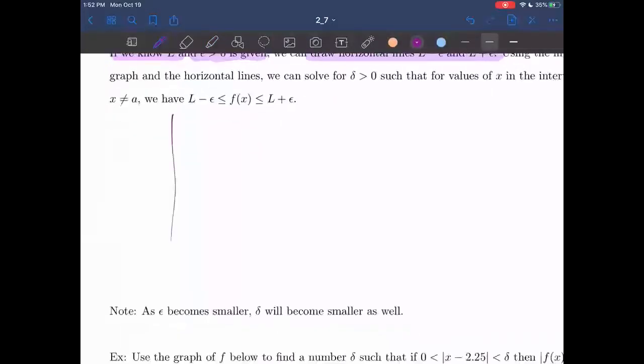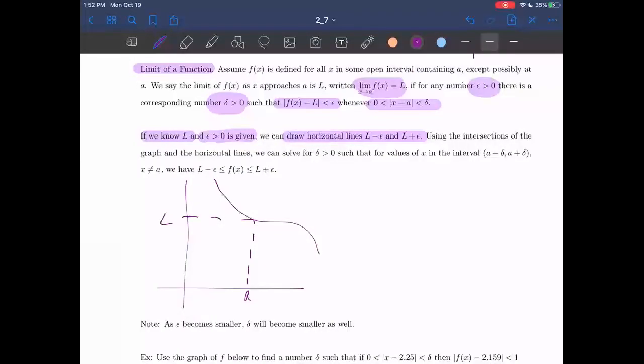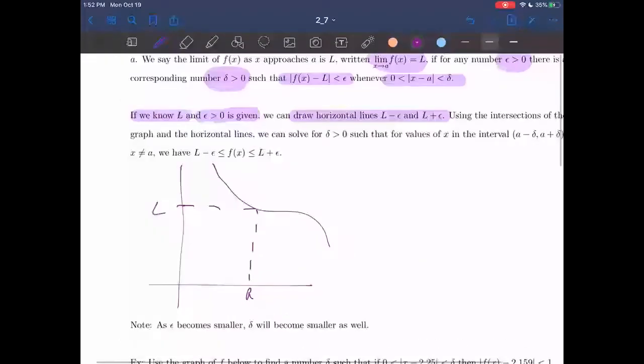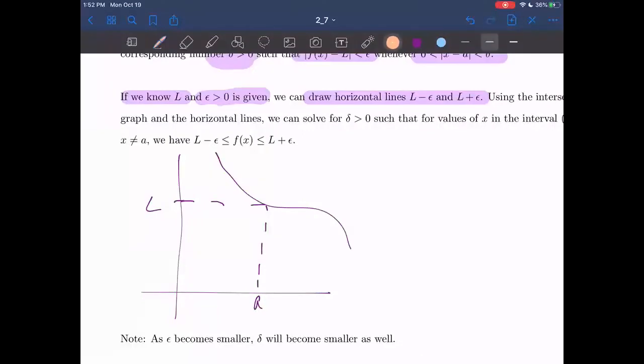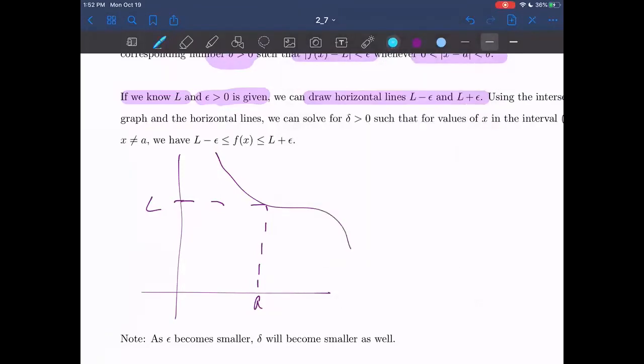So for example, if we've got our function here, we are looking at a point A. We know we've got some value of L, and some value epsilon, so we get two lines, one on either side: L plus epsilon and L minus epsilon.